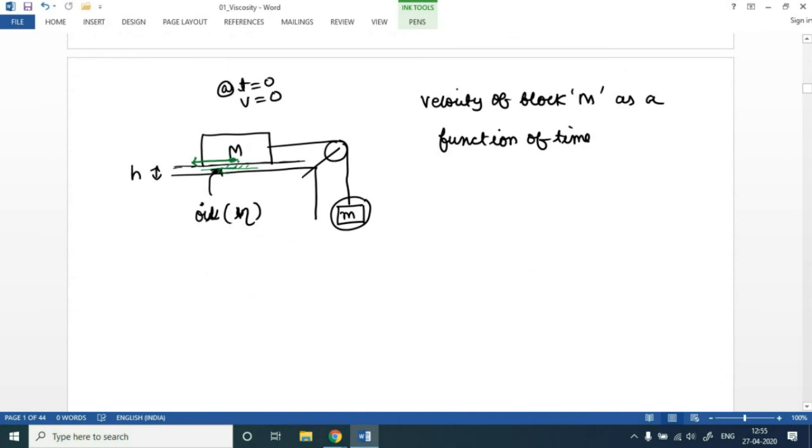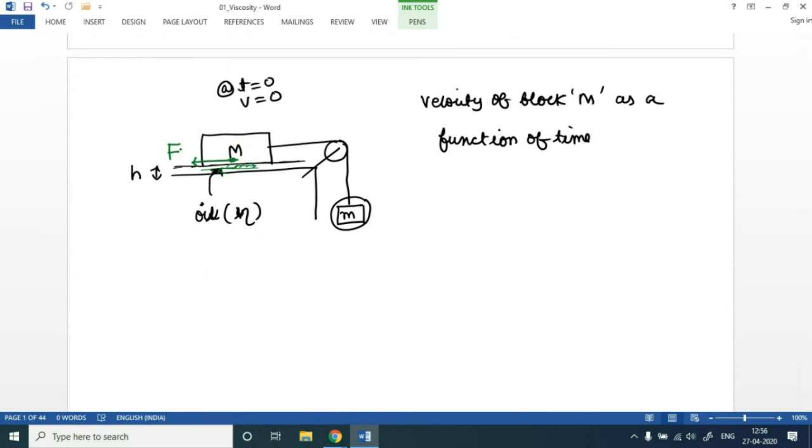Since it is moving with constant velocity, this block will be exerting an equal magnitude force in forward direction. And since this block is exerting force on the liquid, the liquid will be exerting force on the block in the opposite direction. So the magnitude of this force which the liquid exerts on the block will be the same as the viscous force.